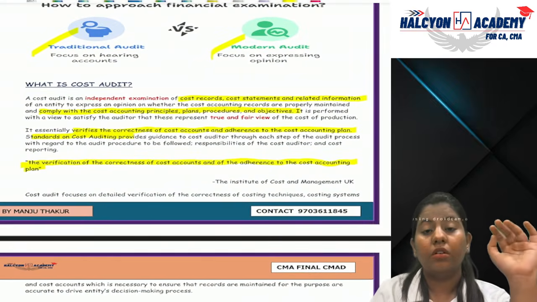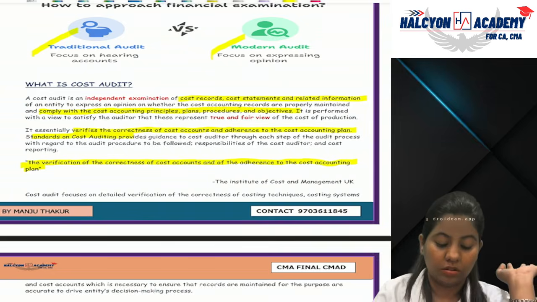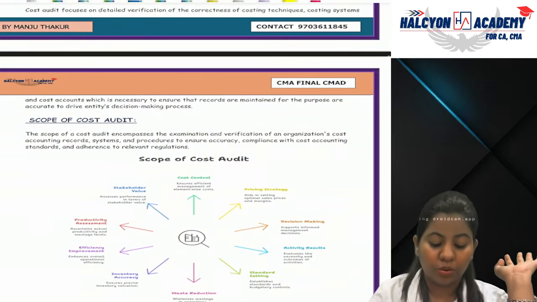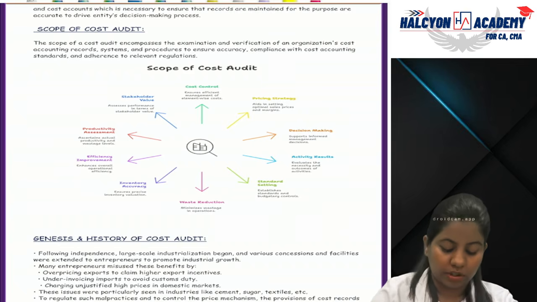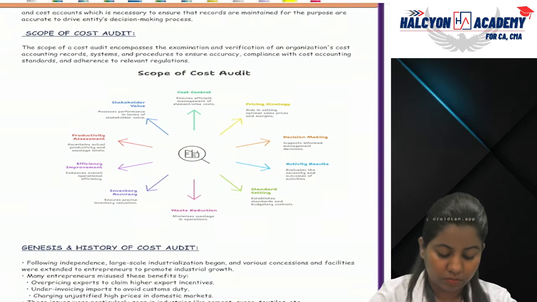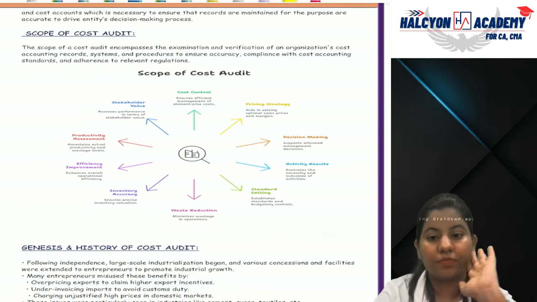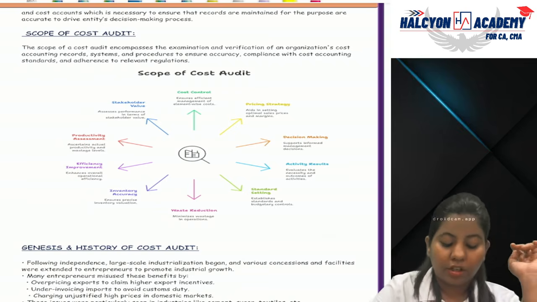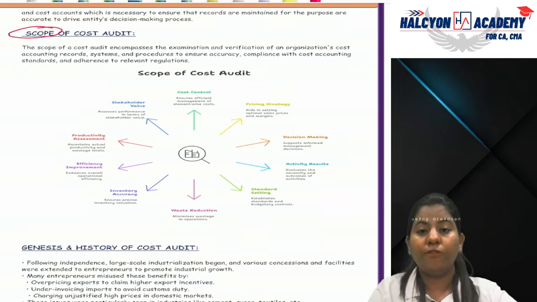I hope the meaning and the nature of cost audit is clear to you all. Now let's come to the scope of cost audit. What is the meaning of scope?